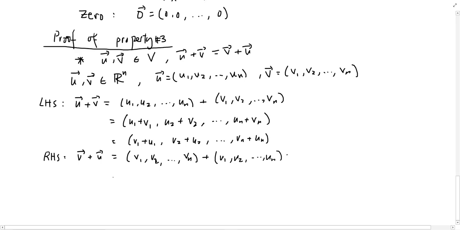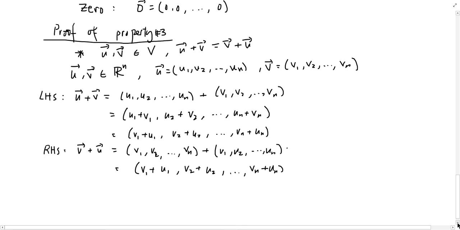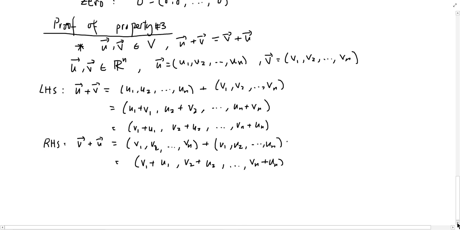If I combine them together, that becomes v1 plus u1, v2 plus u2, dot dot dot, vn plus un. And guess what? That looks the same as what we had on the left-hand side after we manipulated it a little bit.